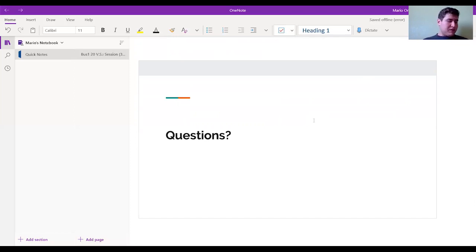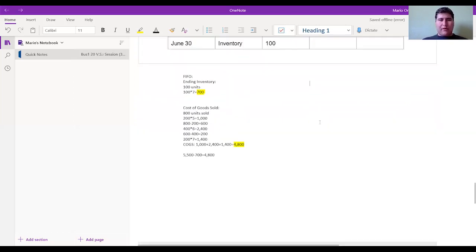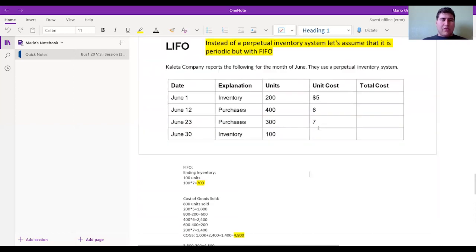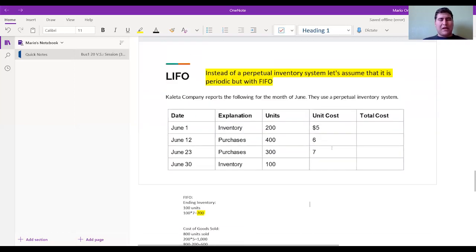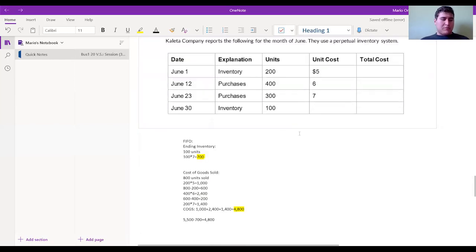But since most of the questions here are periodic, you don't have to worry as much about that. You'll just have to worry about maybe every month or rarely every year, but every month they'll have an update about inventory and cost of goods sold. And that's where most of this problem comes in.